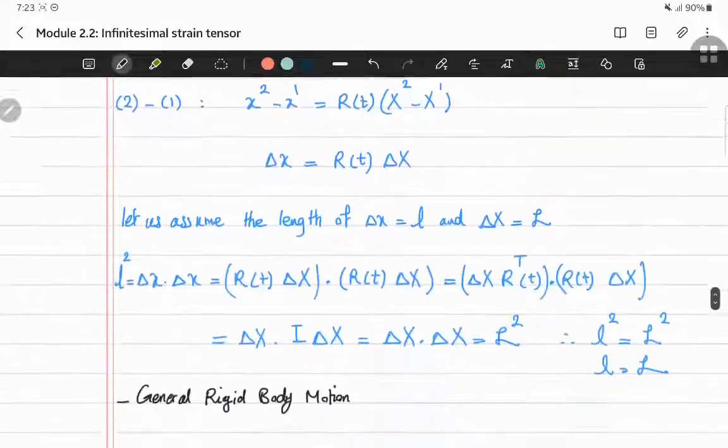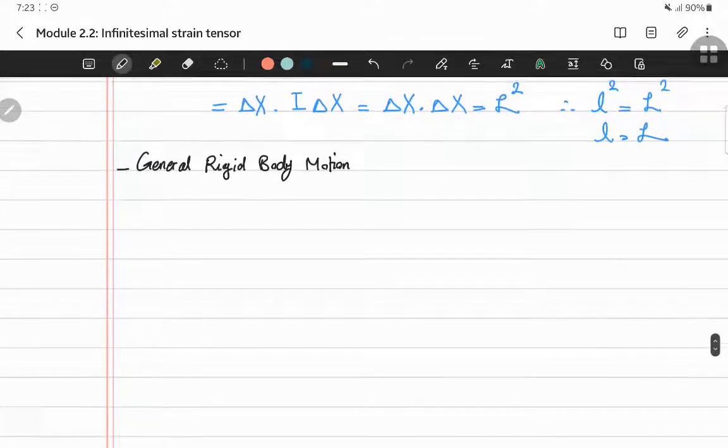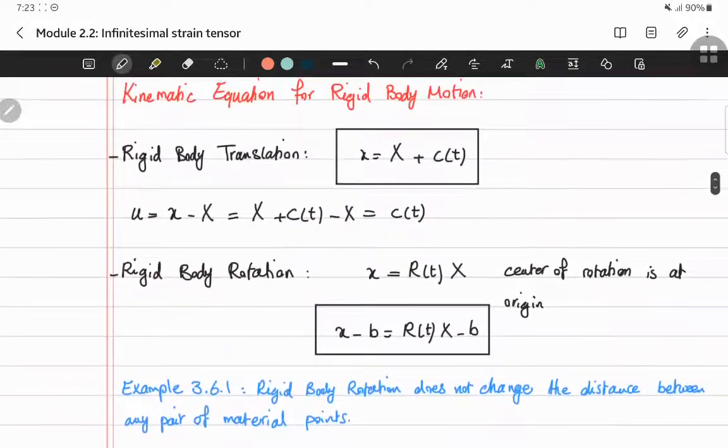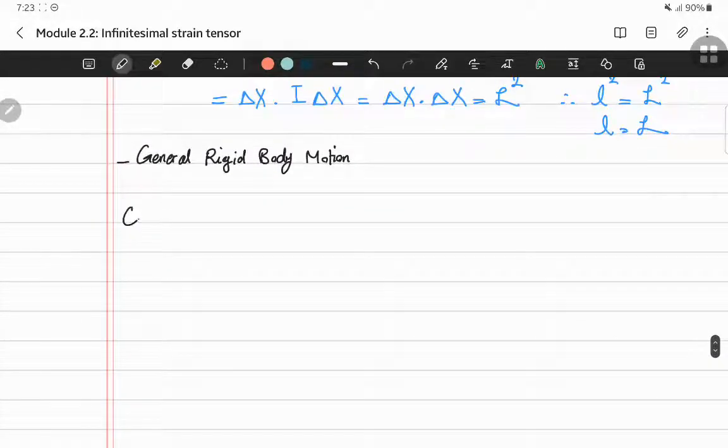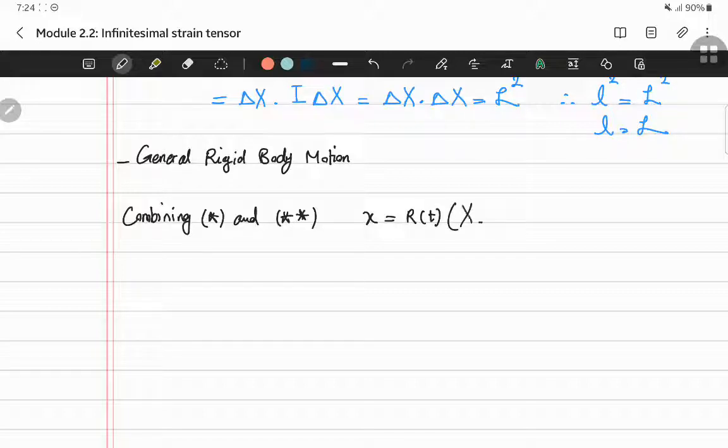So if we combine, this is a star, double star. So combining star and double star, we get something like x is equal to R(t) times (X minus B) plus c(t).